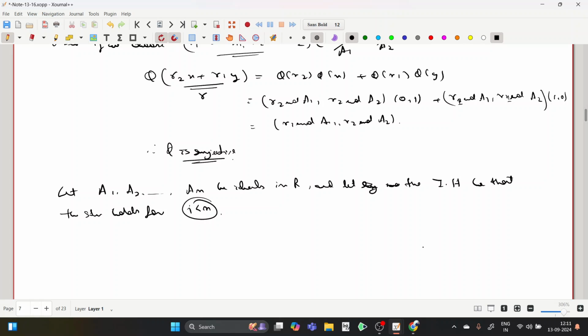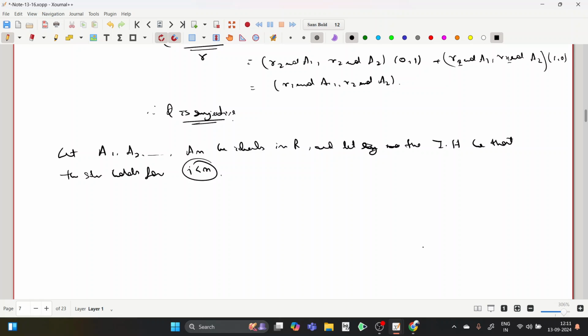So by statement I actually mean firstly that a1 a2 till ak is equal to the intersection of all these ai's, i equals 1 to k, and the map phi is surjective. Okay, this is what I am trying to say.